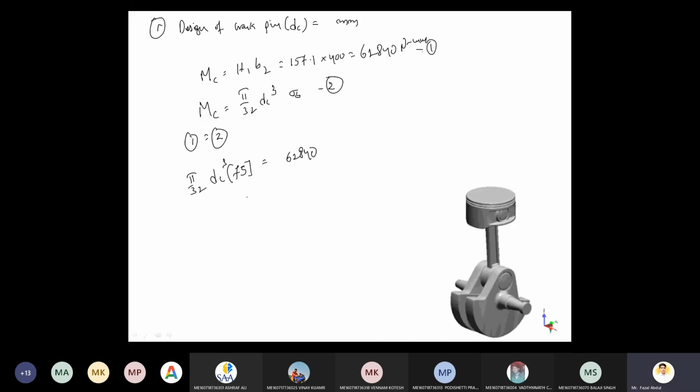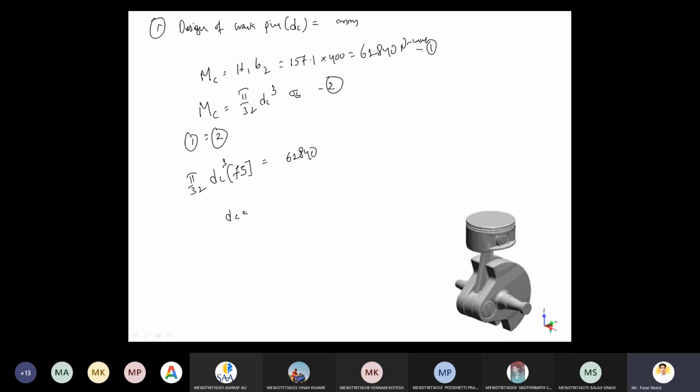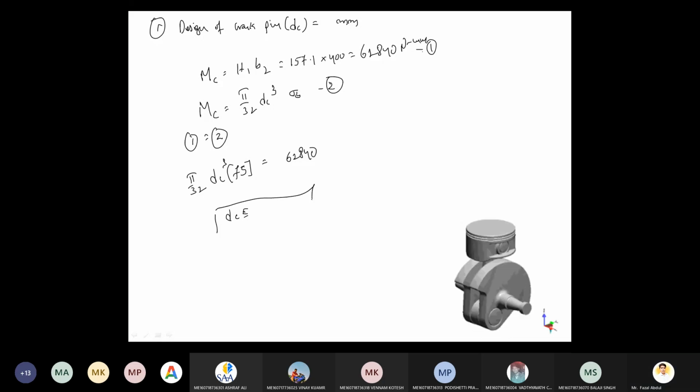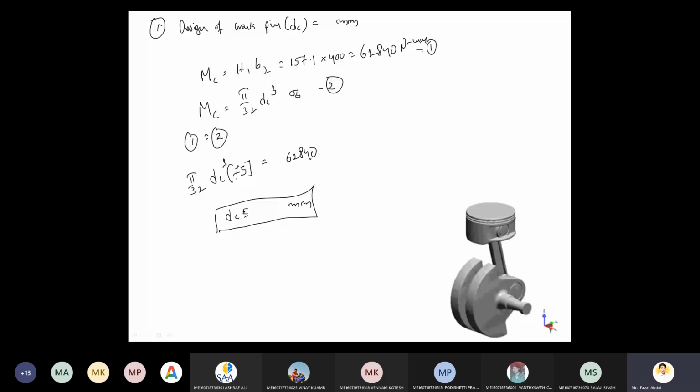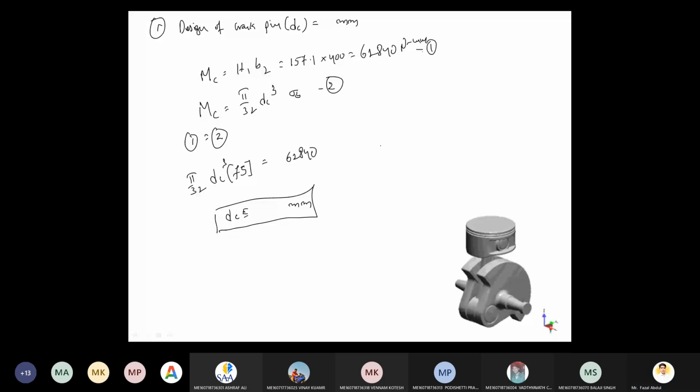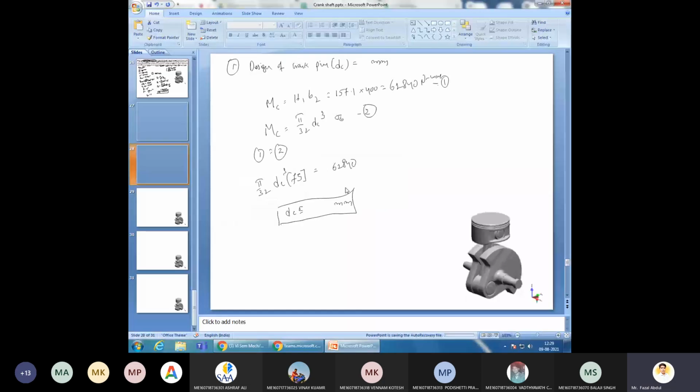Now simplify this equation and tell me the DC value in mm. Just tell me the DC value, and the rest of the problem we'll discuss in the next class.